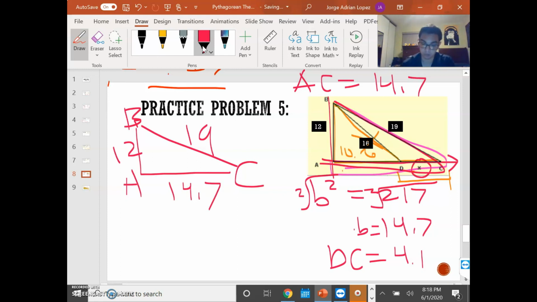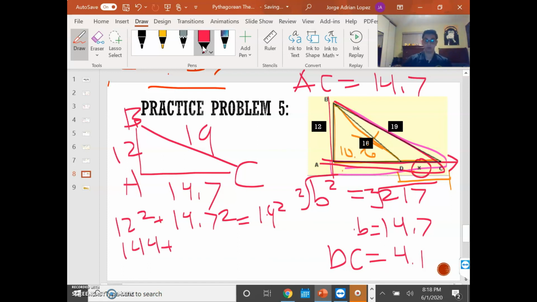So a squared plus b squared is c squared, so 12 squared plus 14.7 squared is equal to 19 squared. And if you plug that all in a calculator, you get 144 plus 14.7 raised to the second, 216, let's say 217.